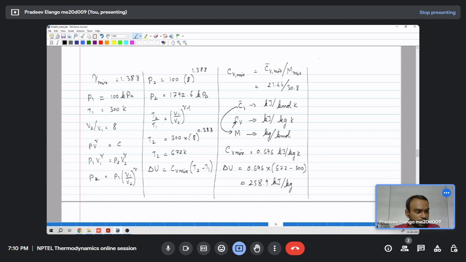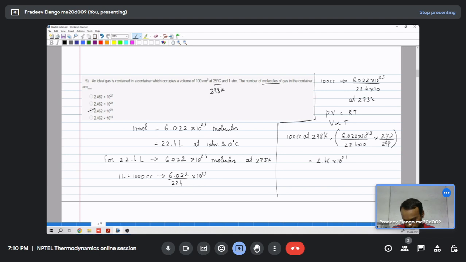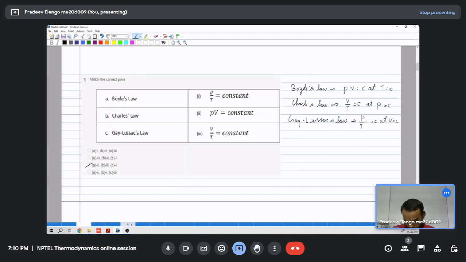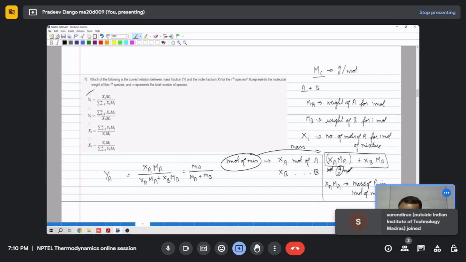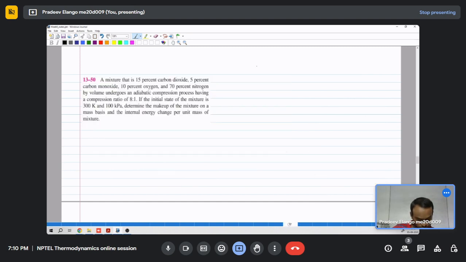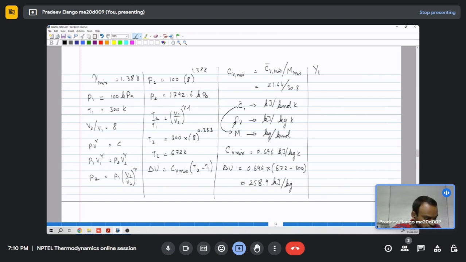Similarly, to find the mass fraction, we have earlier seen that the mass fraction is given by this expression: mole fraction times molecular weight of the individual species divided by the summation of all the terms. So y_i is x_i M_i divided by the summation of x_i M_i.